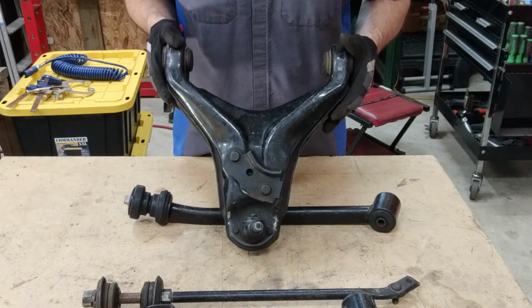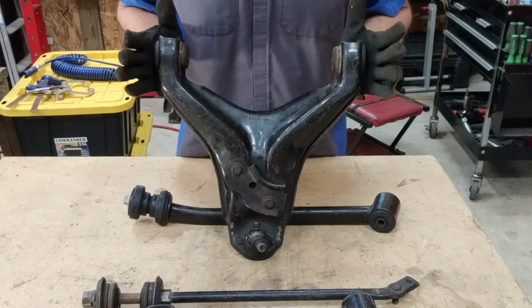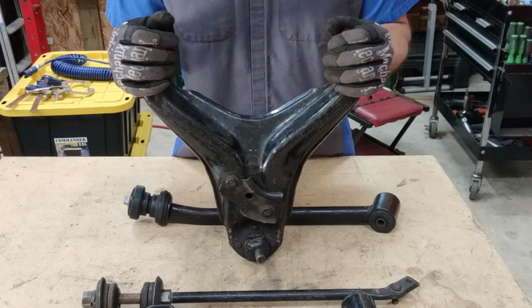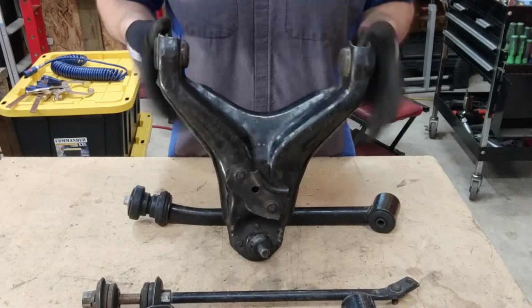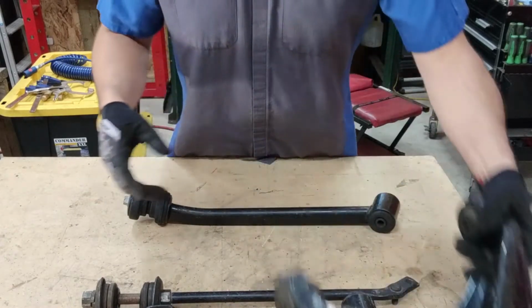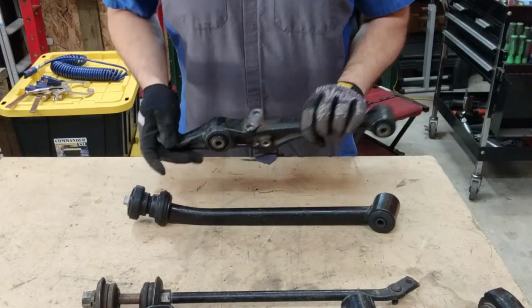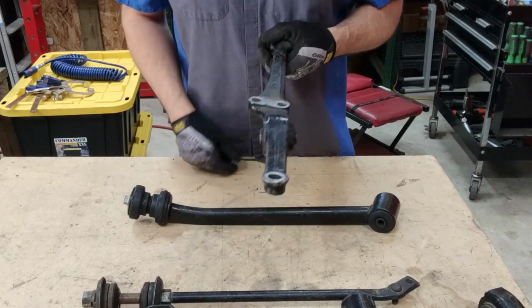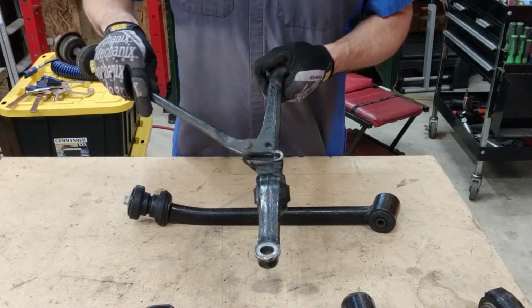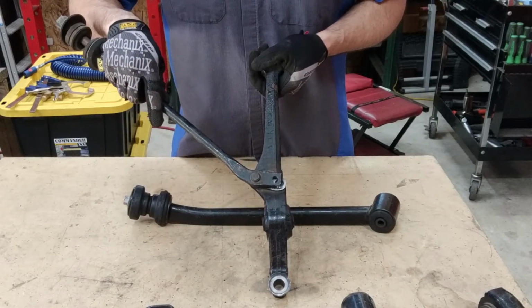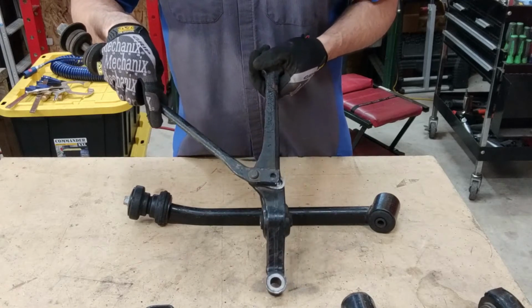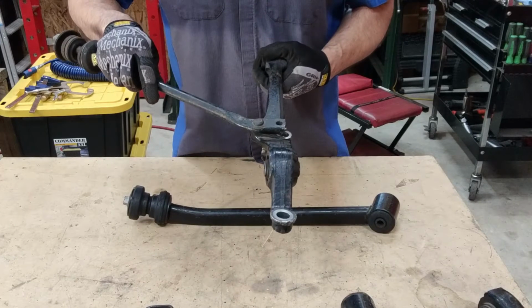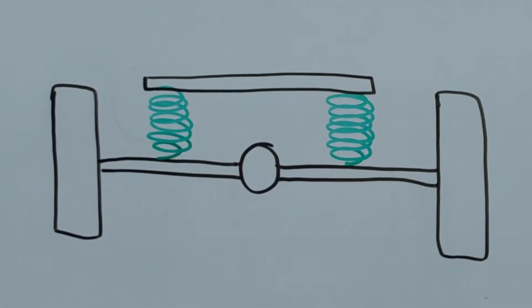So depending on what the manufacturer decided to do with the suspension configuration on the vehicle, it may be designed with a lower control arm like this that has two points of contact on the chassis and one at the suspension, or have one point of contact at the chassis, one point of contact at the suspension, and then need an additional link to it in the way of a strut rod, compression rod, tension rod, radius rod to resist fore and aft movement. Let's tie some of this stuff together.